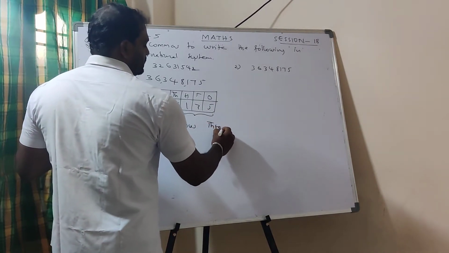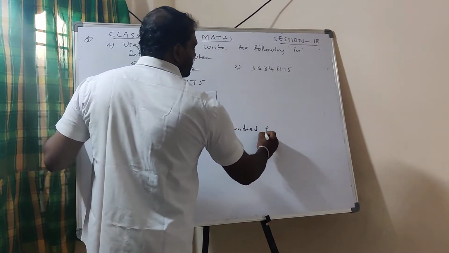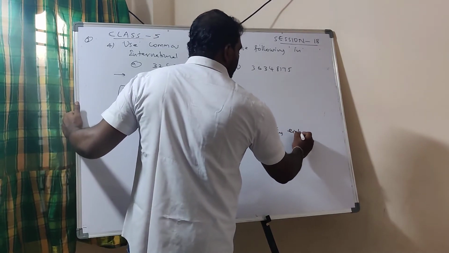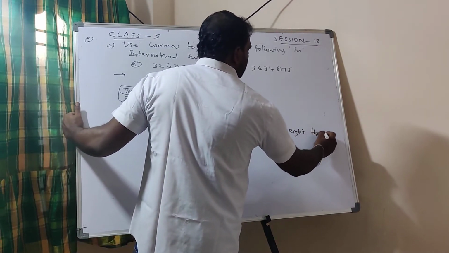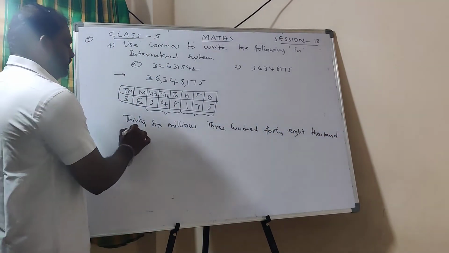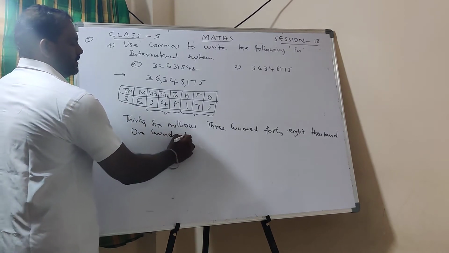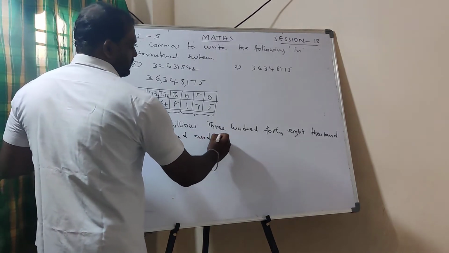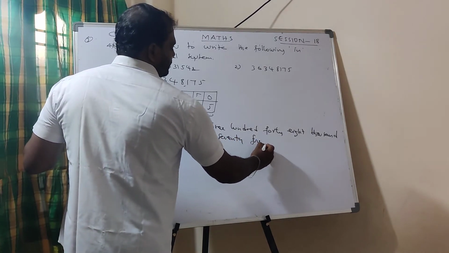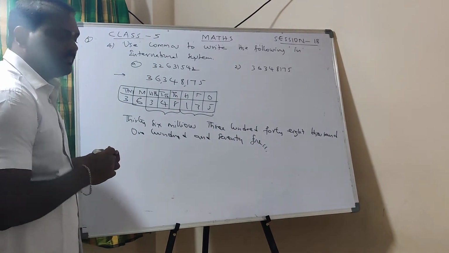It is thirty-six million, three hundred forty-eight thousand, 348,175. That is it. That means the framework is the same.